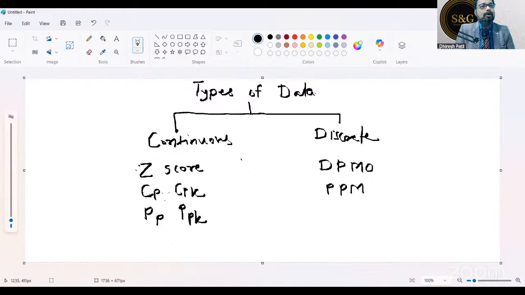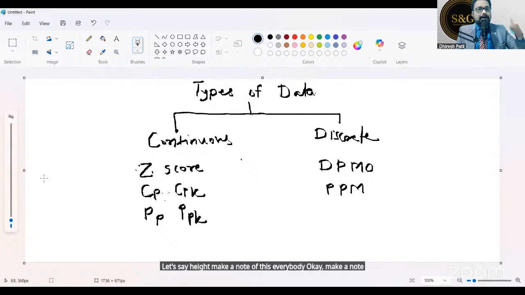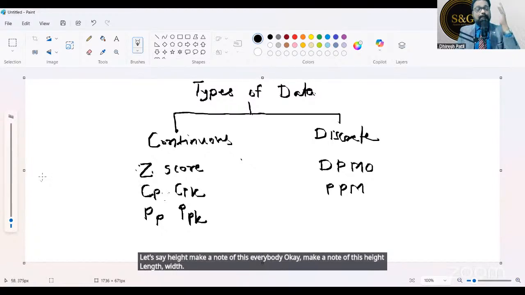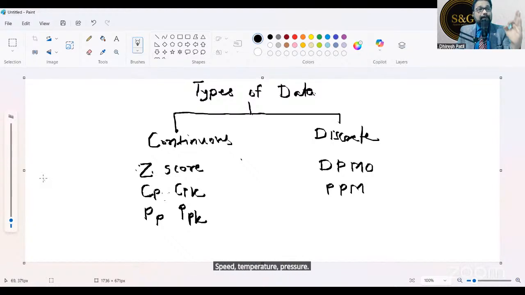Continuous data mean. Okay, continuous data meaning very simple. Example of continuous data: let's say height. Make a note of this, everybody. Height, length, width, speed, temperature, pressure, which can be measured on a continuous scale and which can be shown in decimals.